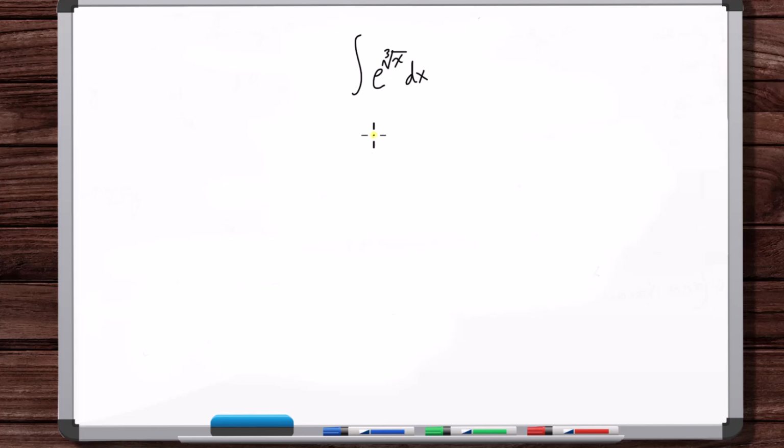But, okay, let's say here that u is equal to the cube root of x. Okay, now let's cube both sides. Now let's take the derivative of the entire equation with respect to x.